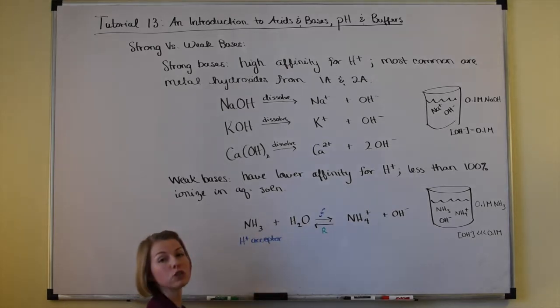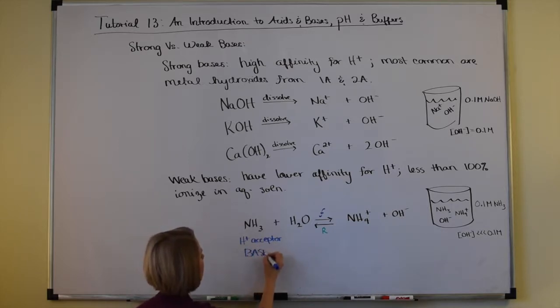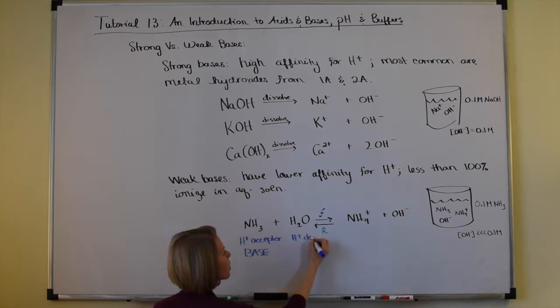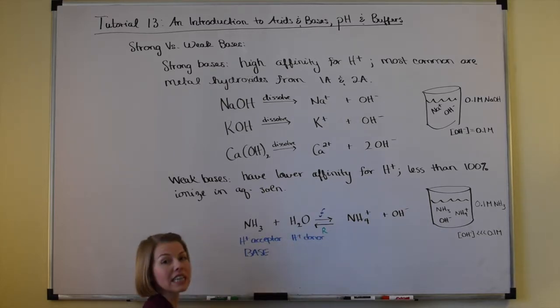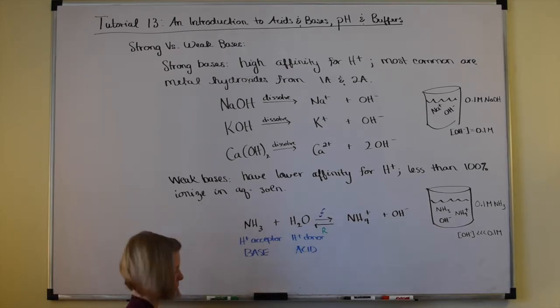That's why it turns into the ammonium cation. And so ammonia is our Bronsted-Lowry base. Water is the H+ donor, so it is our Bronsted-Lowry acid in the forward reaction.